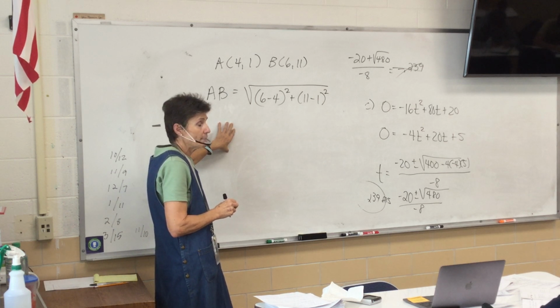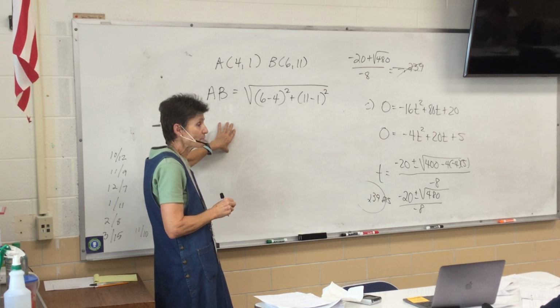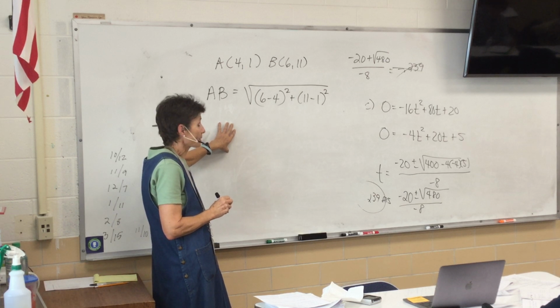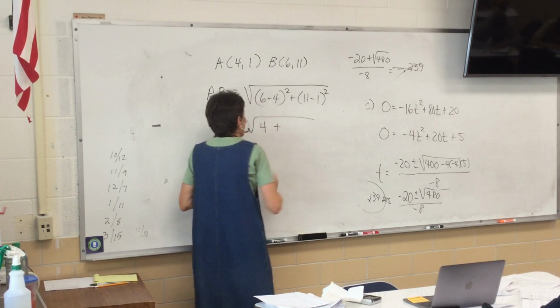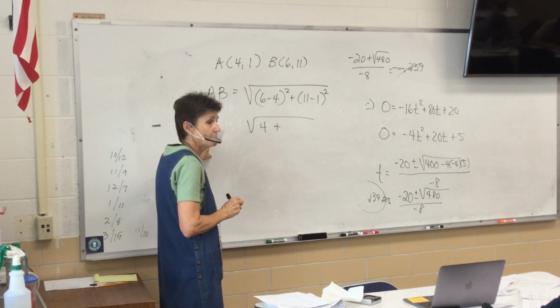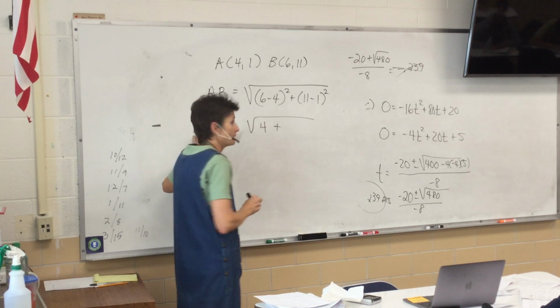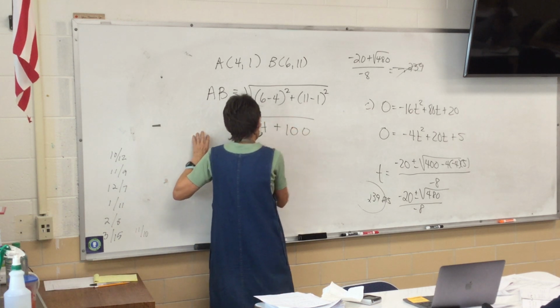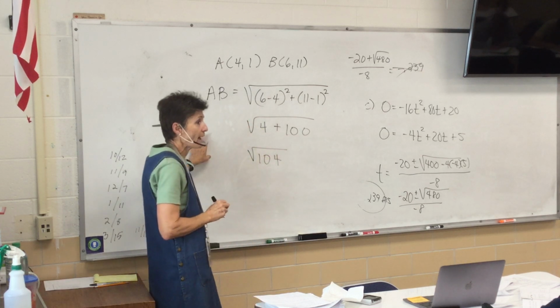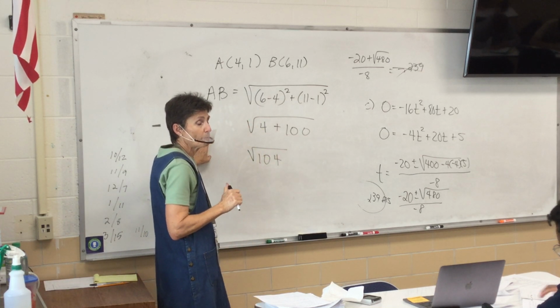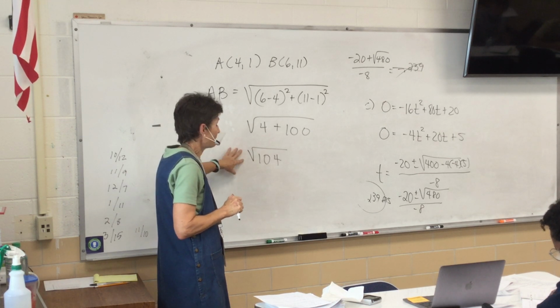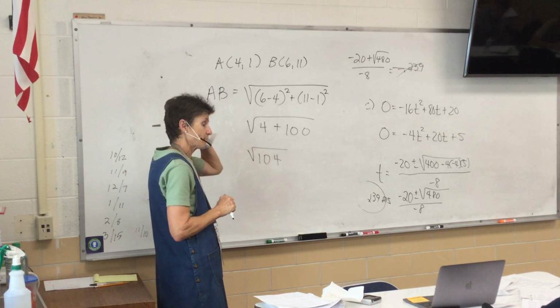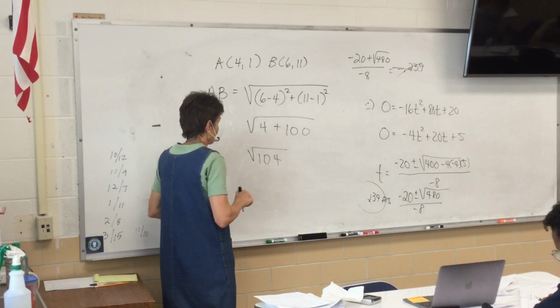Okay? Now, what's 6 minus 4? Squared. So that's a 4. What's 11 minus 1? Squared. 100. So the square root of 104. Now this one we're going to answer exactly. It's only the ball in the air problem that we want a decimal for. So we're going to go ahead and simplify this radical. Does 104 break down?